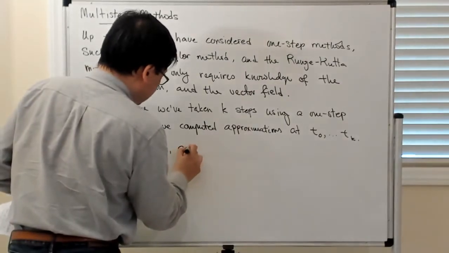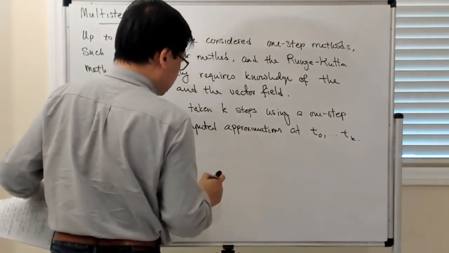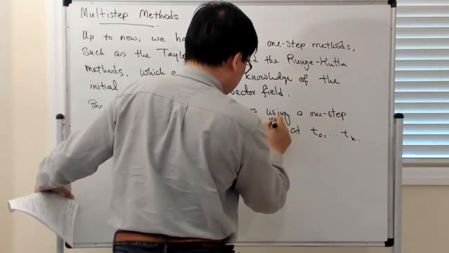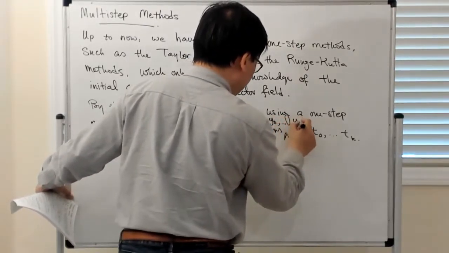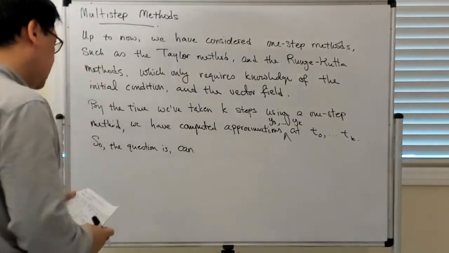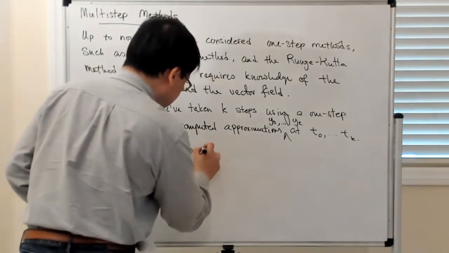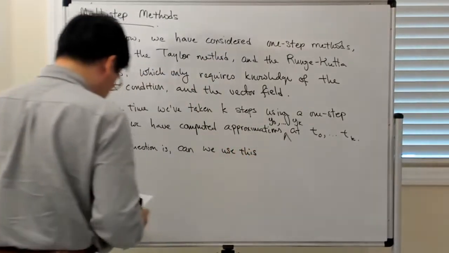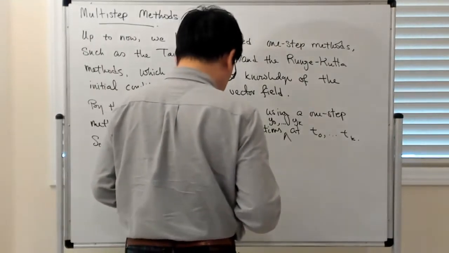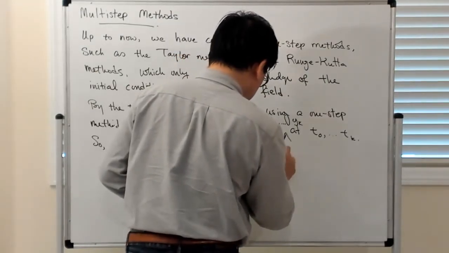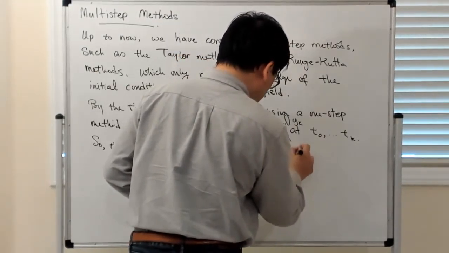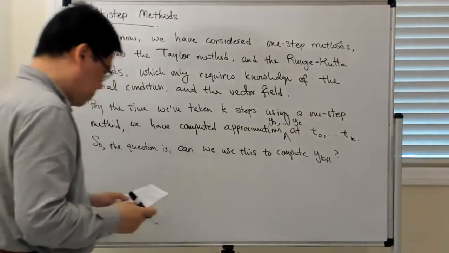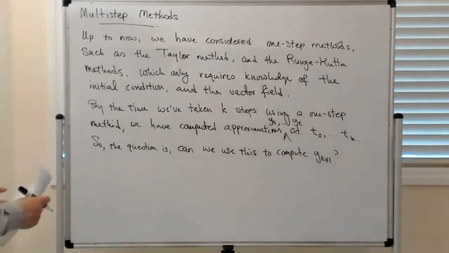The approximations obviously are y0 all the way up to yk at times t0 to tk. So the question is, can we use this to compute yk plus 1 to a high order? Okay, so let's think about that.